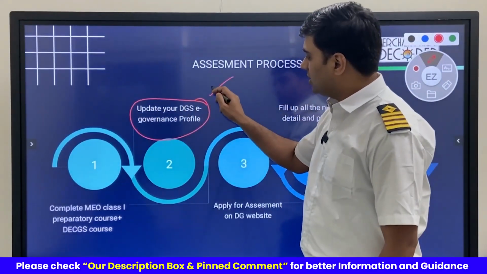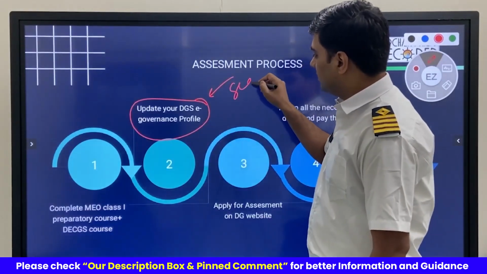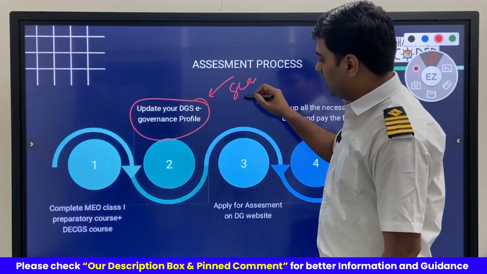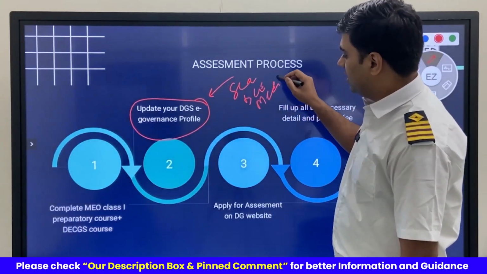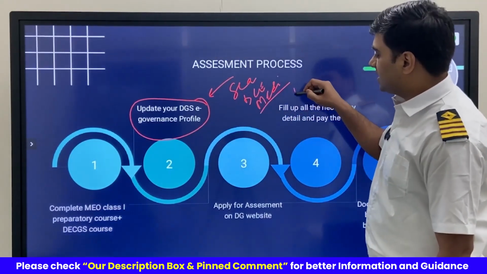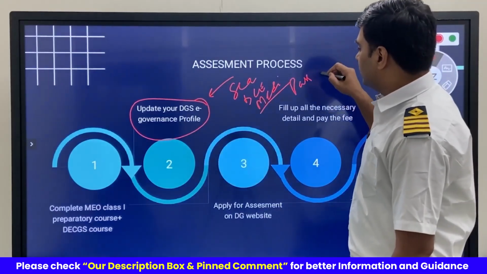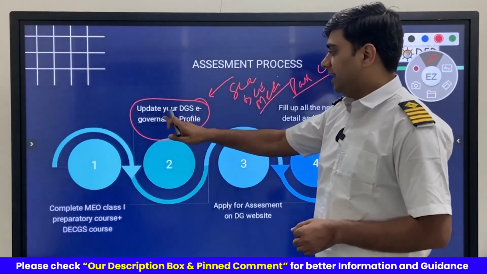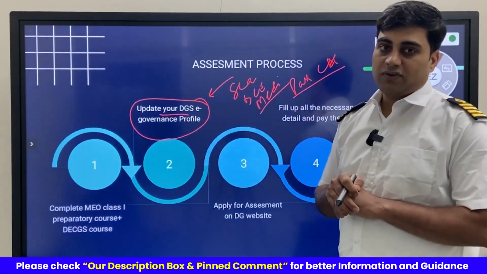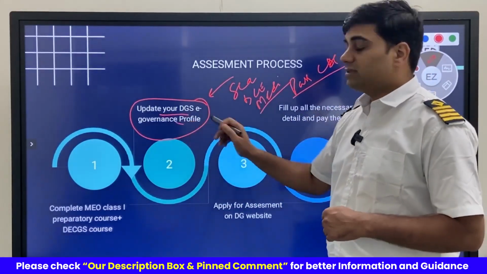So here, not just your sea service you need to update, but your DCs, and your medical is already updated there, and your passport details and your CDC detail. Make sure that all these details are updated. And then you need to take a printout of your DGS e-governance profile.